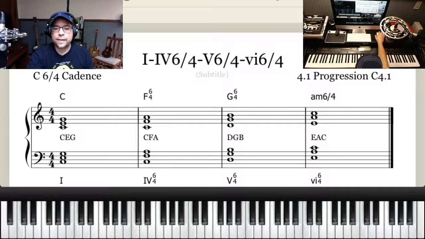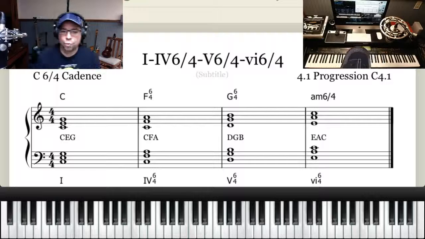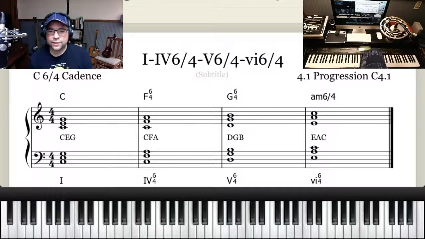All right, so here is our new pattern. We have a 1 in root position. We have a 4 in second inversion, or 6/4, that you've seen before in the prior video. We have a G in second inversion, or 6/4, that again you saw in our prior video. And now we're going to do a 6/6/4.